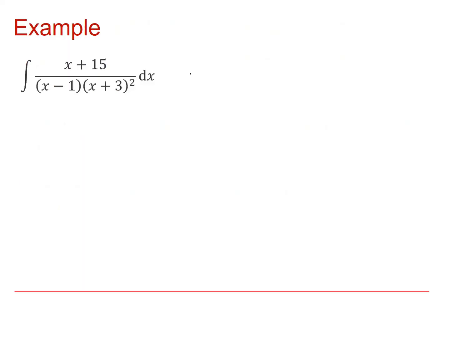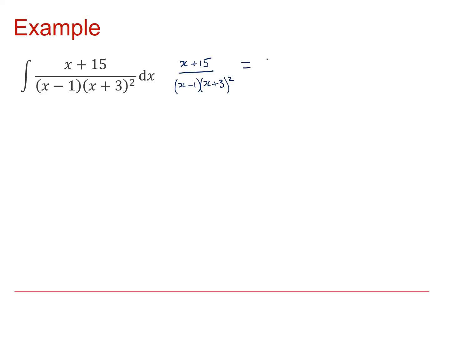Let's have a look at this example. It's an algebraic fraction, and we can just do a quick check that the numerator is a lower power than the denominator. We've seen this algebraic fraction before, and we actually have already split it into partial fractions. So I'm going to just copy through how the partial fractions turned out from last time.